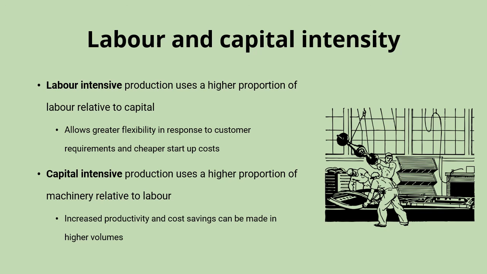I think going back to the idea of efficiency and getting that balance right, there's a few factors which a business's decision with respect to labour or capital intensive production is going to depend on. And I think the biggest one is going to be the relative cost of that labour compared to the capital.